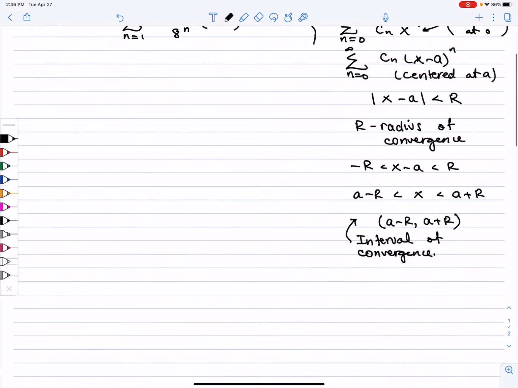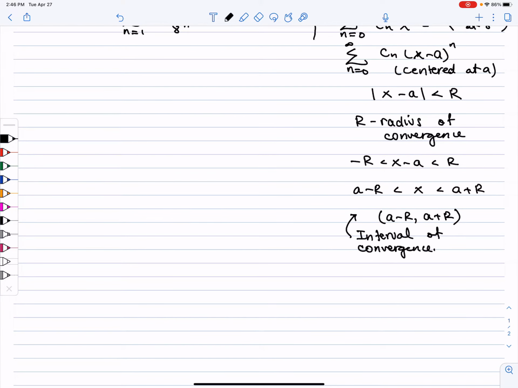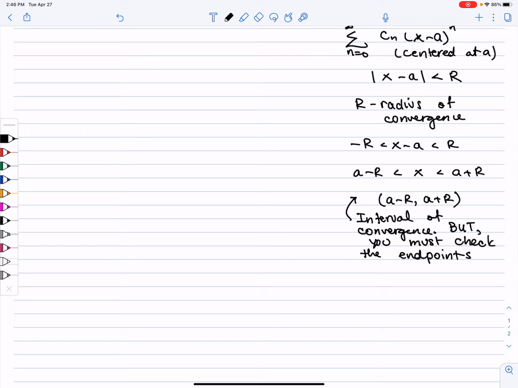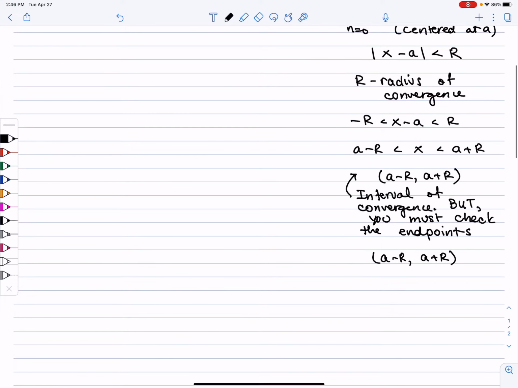But remember, when you're talking about the interval of convergence, you must check the endpoints. So if we check the endpoints, you could have an interval of convergence as you see it up here, a minus r and a plus r, where the endpoints are excluded.